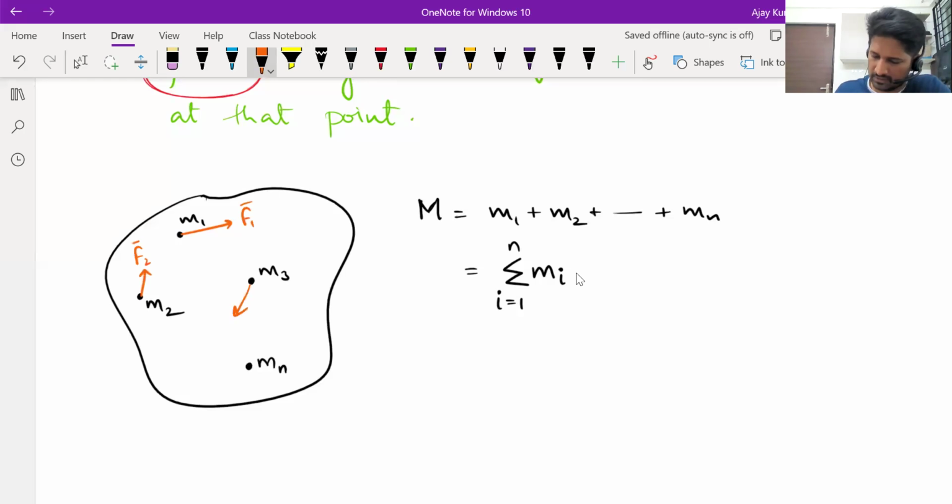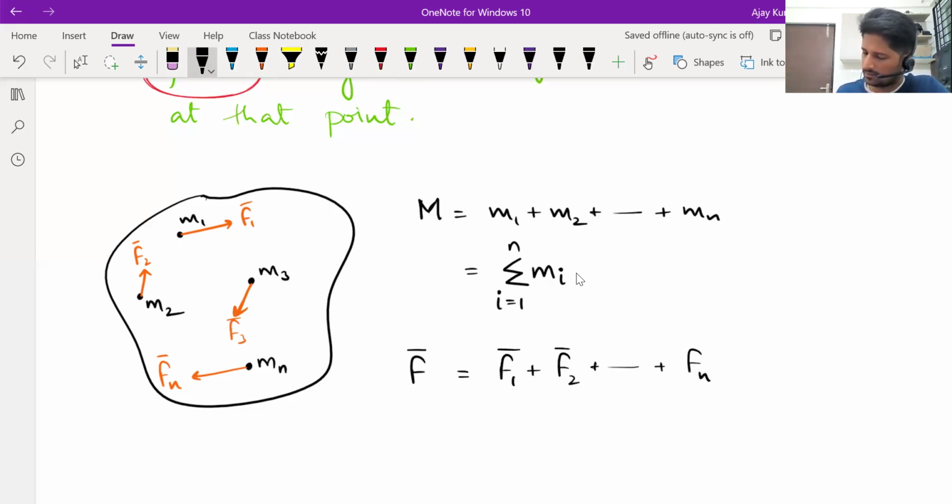On m3, let's say the net force acting is F3. And so on up to the nth particle. On the nth particle, let's say there is a net force acting this way. Then the total force acting on this system will be the vector sum of these forces, F1 vector plus F2 vector, so on up to Fn vector. We can write it as sigma Fi vector, where i varies from 1 to n.